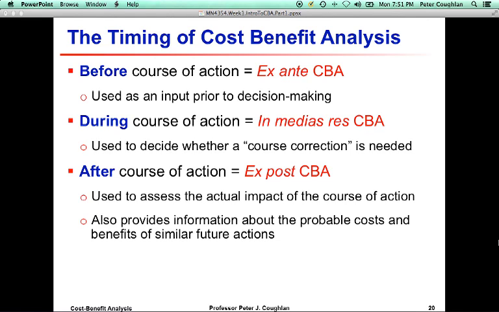But besides deciding did we do the right thing, it also helps you provide information about the probable costs and benefits of similar future actions, right? The next time you do an ex ante cost-benefit analysis, if the project is similar, you will be able to use what you've learned from this to make better assumptions and forecasts about what will happen if you adopt a similar course of action.